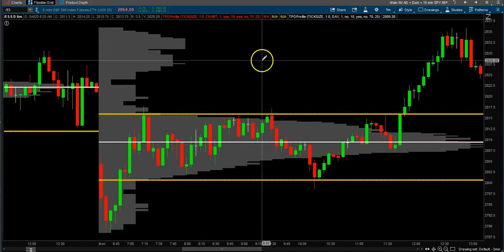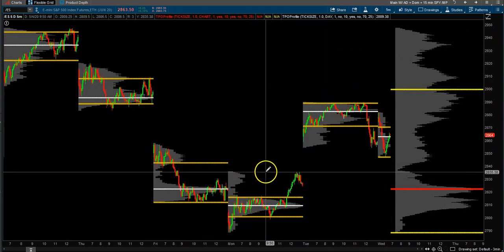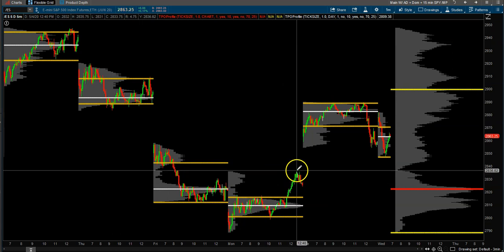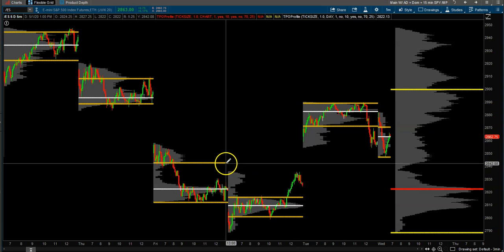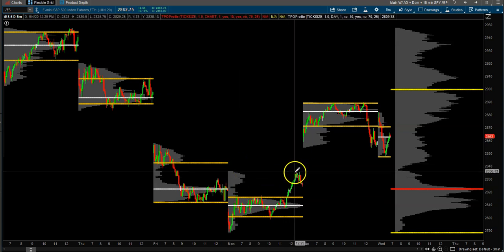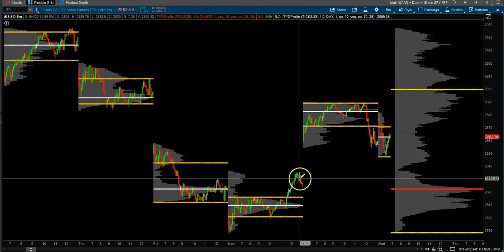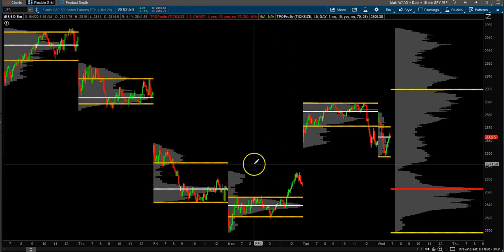So then if we look at as price kept going up, it came up near the value area high but never actually reached it. But price kind of reversed. Again, it's not a perfect science. It doesn't mean it's going to go exactly to it and stop. Okay, it could come up short, it could touch, or it could go through it a little bit, and then usually you'll get some backfill.